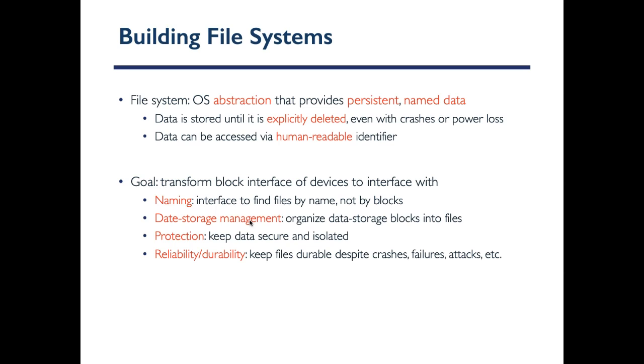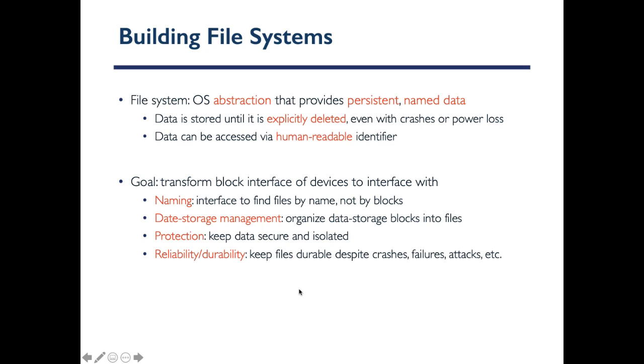We also want to address our files in a human readable manner. So we're going to assign human readable identifiers to our files, and it would be the job of the file system to translate those human readable identifiers to actual data blocks on the storage medium.